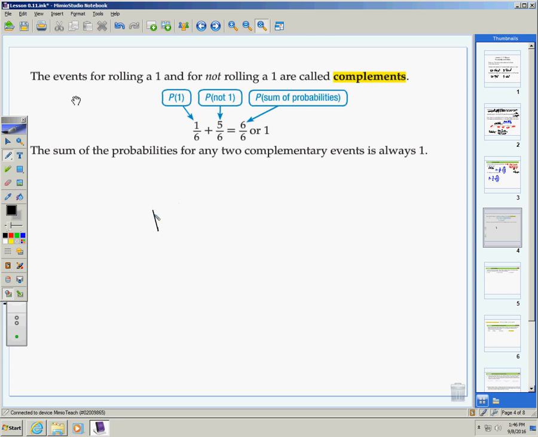Well, the probability of it raining tomorrow, so the probability of rain, let's say there is a 3 out of 10 chance it's going to rain tomorrow. Well, the complement of its raining would be the probability of it not raining.